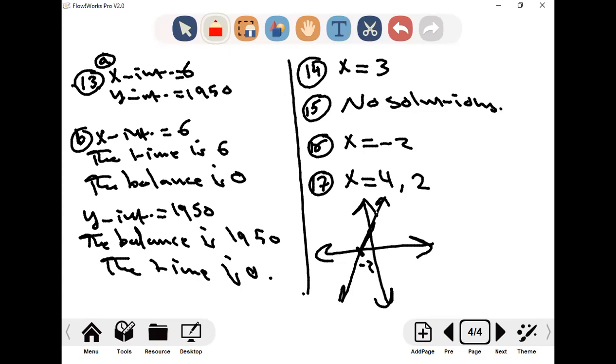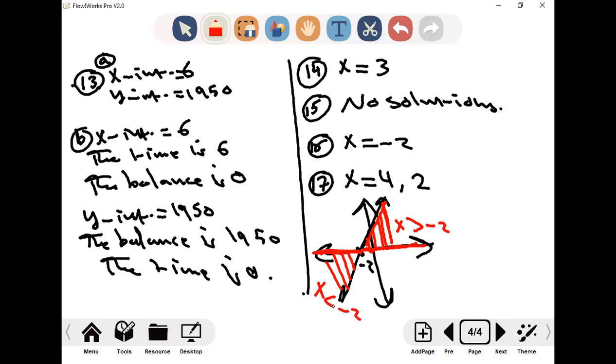So the part of the positive of the function is for which x's? Look here. The positive part is for x more than -2, so positive when x is more than -2. The part of the negative covers the x's which are less than -2, so negative when x is less than -2.